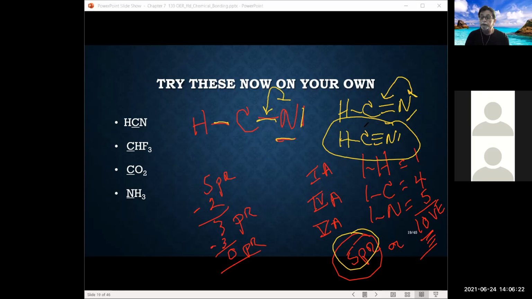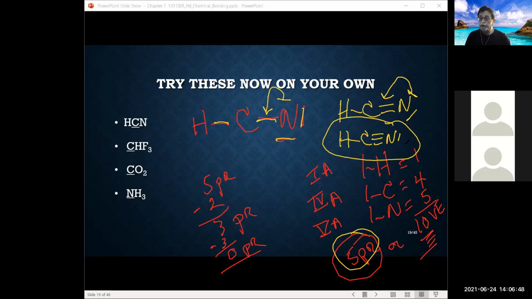Now check the octet or duet. Hydrogen as always is still good. Carbon now has 8 electrons around it. 3 pair are being shared with the nitrogen and 1 pair is being shared with the hydrogen. We look at nitrogen, it also has 8. One of them is a lone pair, it's not bonded, okay?